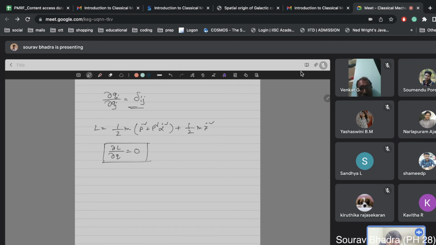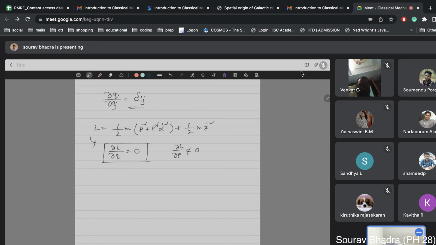If this is satisfied, then that is the cyclic coordinate. So in our system, in our Lagrangian, delta L delta rho is not equal to 0. Oh, it was asked which is not a cyclic coordinate.